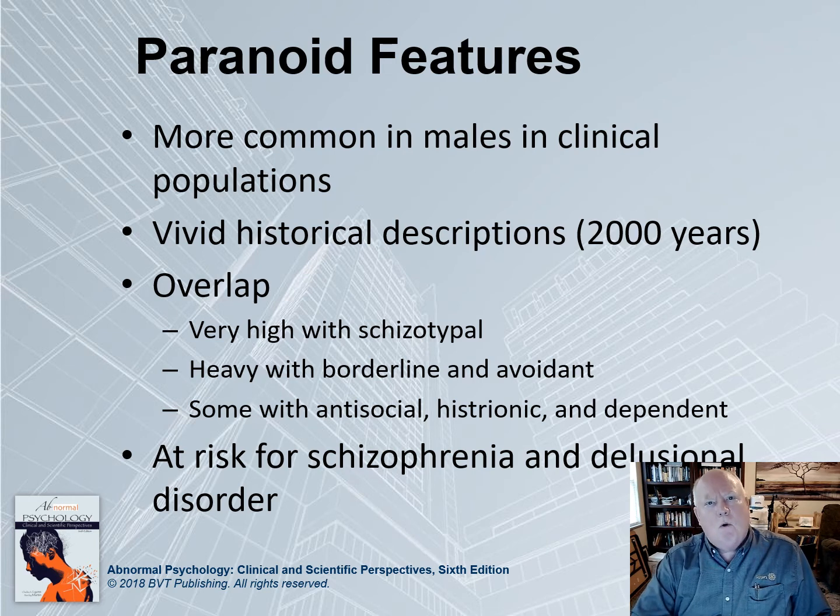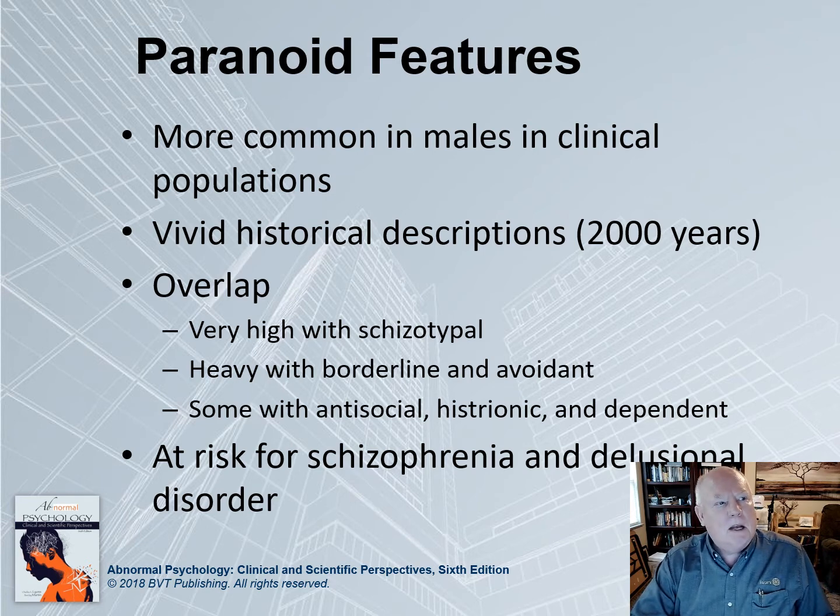They tend to overlap with schizotypal personality disorder, which we'll talk about shortly, and also with borderline and avoidant personality, and some overlap with antisocial, histrionic, and dependent personality. Now, don't worry about all those details. The take-home message is very simple. Virtually every disorder I'm going to talk about overlaps with other disorders, and sometimes the overlap is very strong.